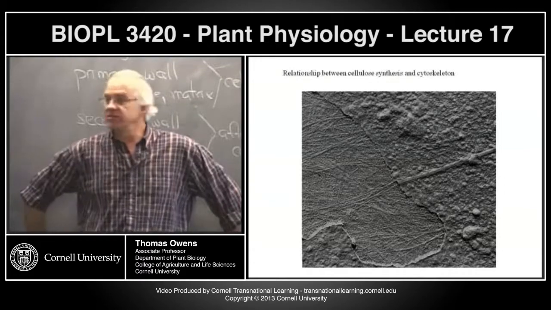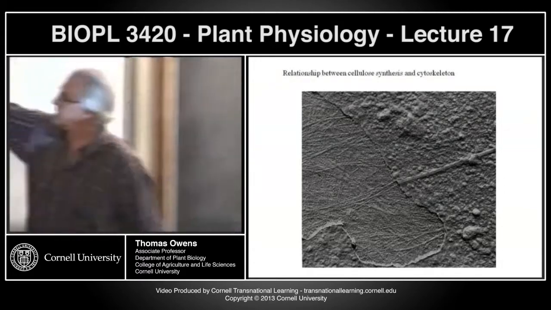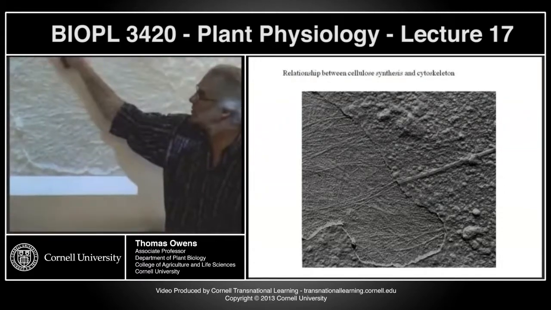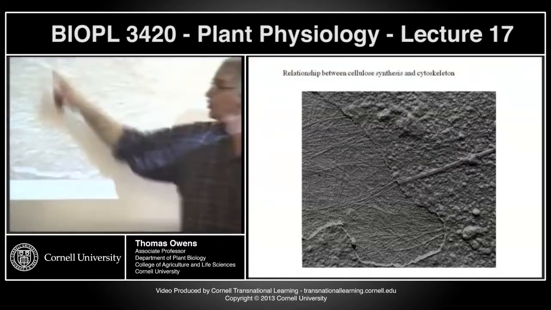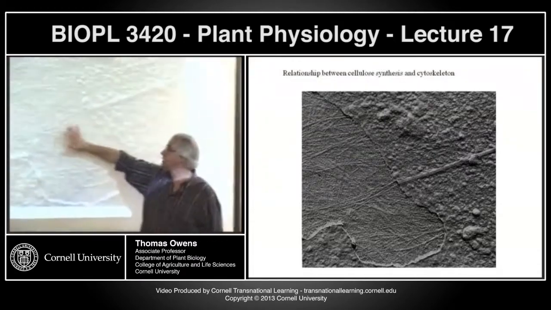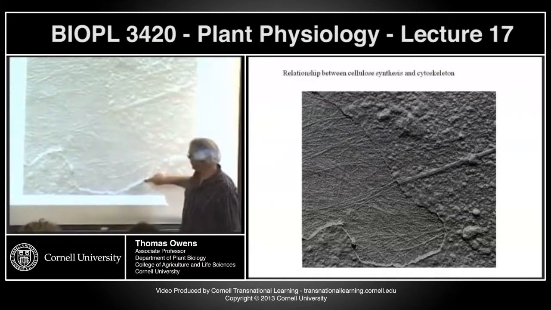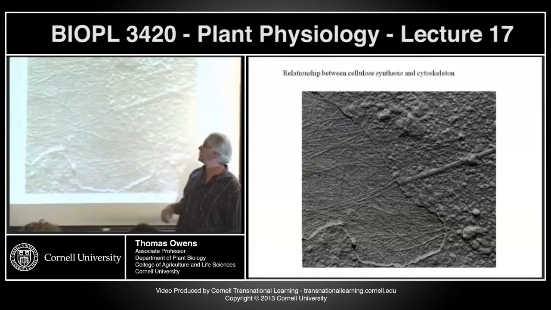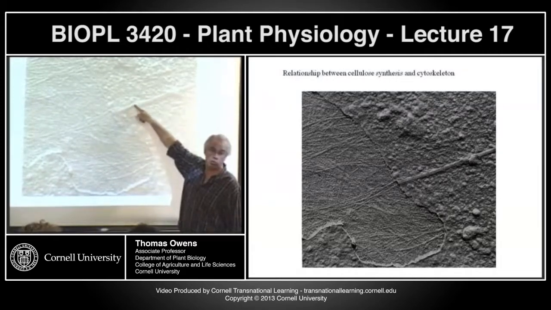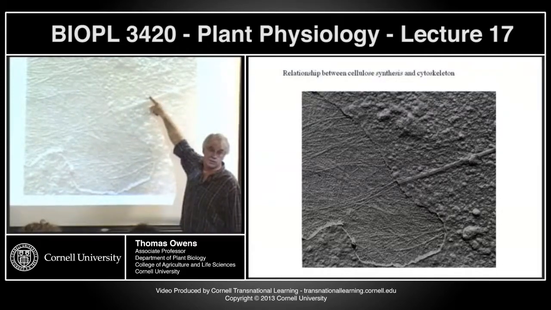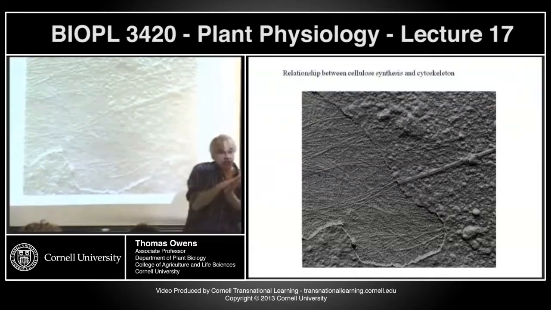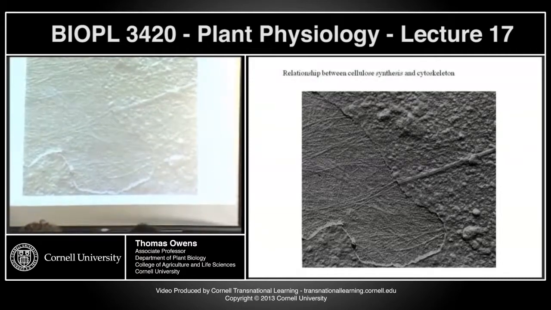But there's a lot of circumstantial evidence. Here is the cell wall with cellulose microfibrils, the newest ones. These are closest to the plasma membrane. Here's the edge of the plasma membrane where it's been torn away in this micrograph. And then here is a cortical microtubule, part of the cytoskeleton, that is just inside the plasma membrane.